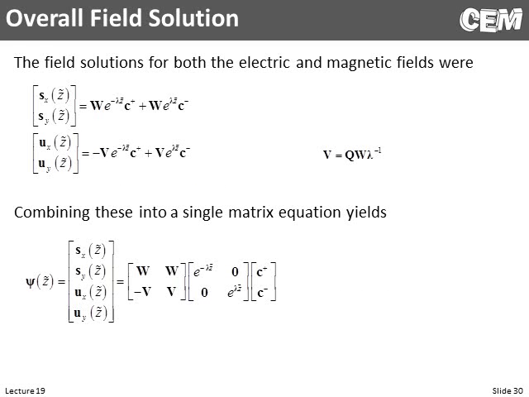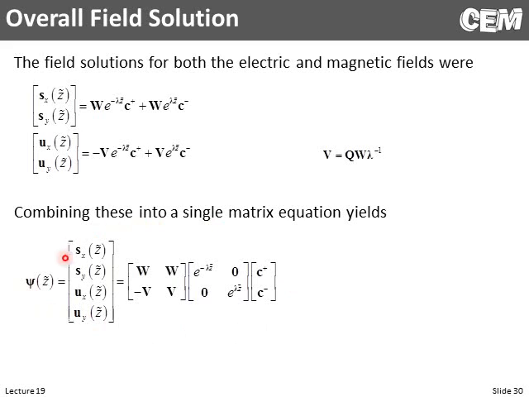So here's our overall field solution. We have our s's written in terms of the w's and the exponentials, and we have our u's written in terms of the v's and our exponentials. And we can calculate v from w and q and lambda this way. Well, we can pull all this together into a single matrix equation, which should look very familiar.